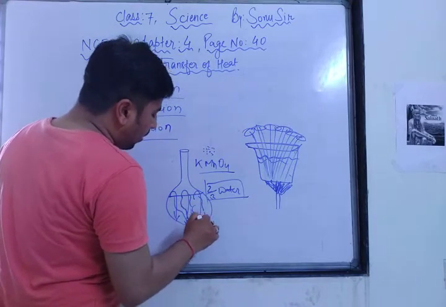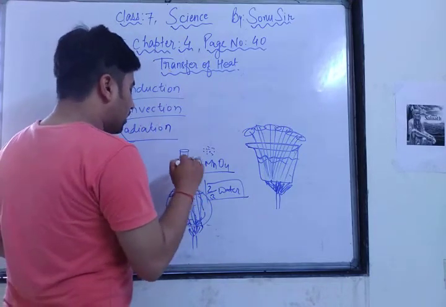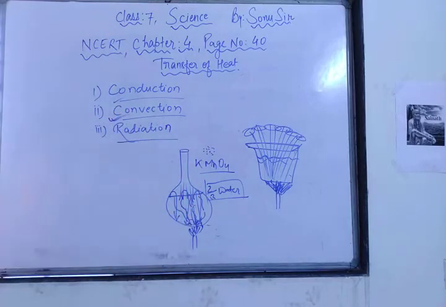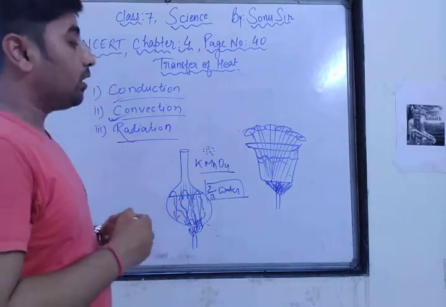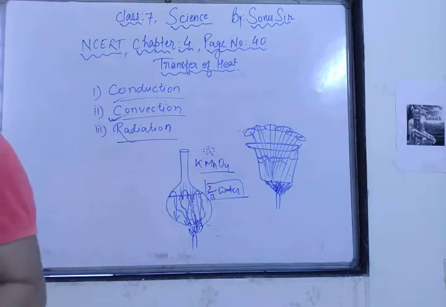This process continues from side to side until the whole water gets heated, and this mode of heat transfer is known as convection. Now the question is, how does this heat go up? So remember, dear students, the process by which hot air moves up and cool air comes down is called convection.